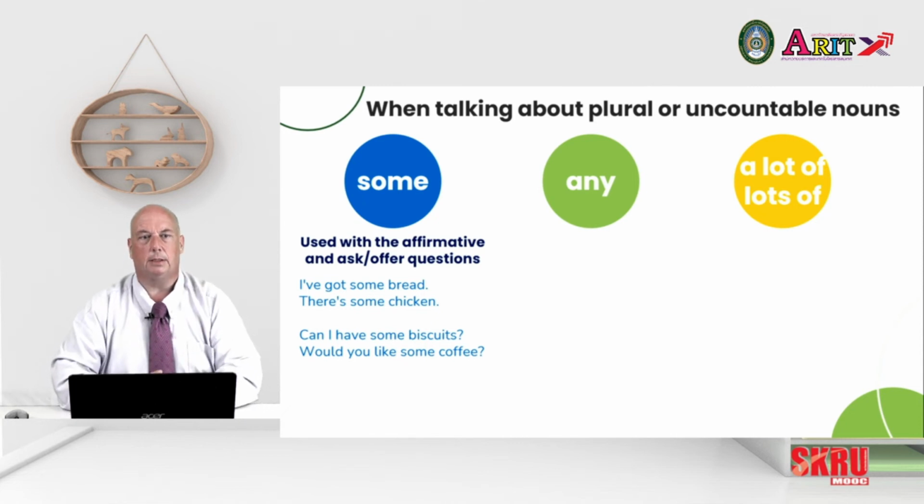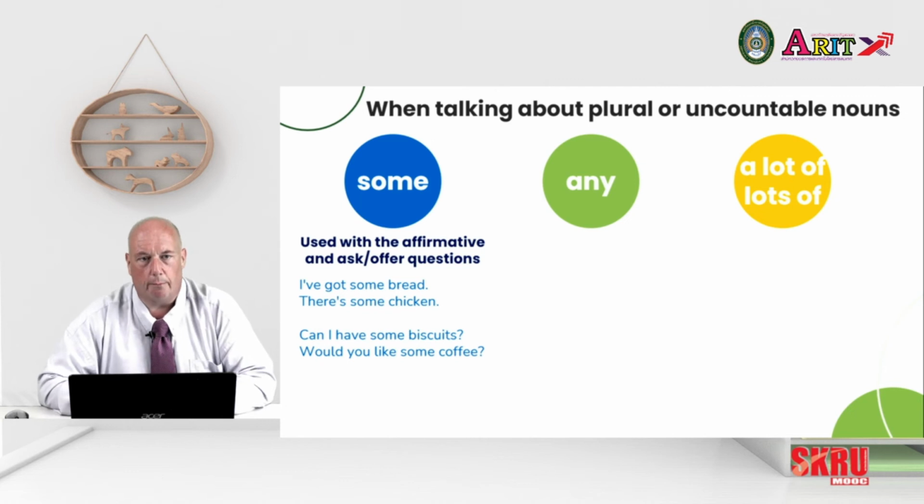So an example of that, I've got some bread. There's some chicken. Or questions, can I have some biscuits? With the plural noun. Would you like some coffee? An uncountable noun.